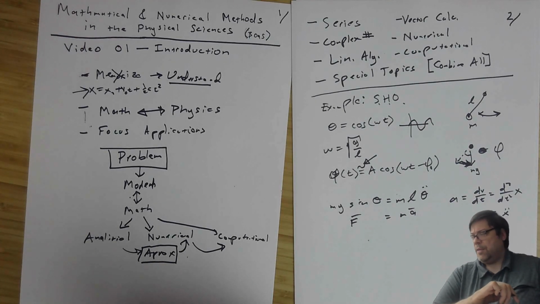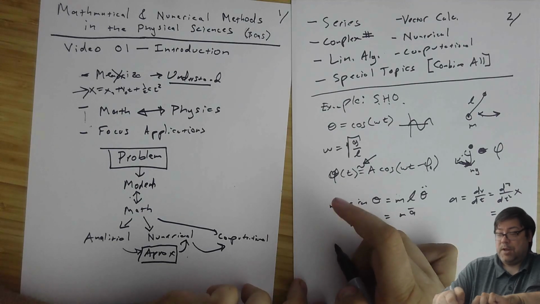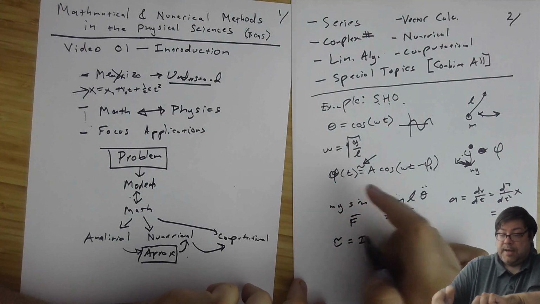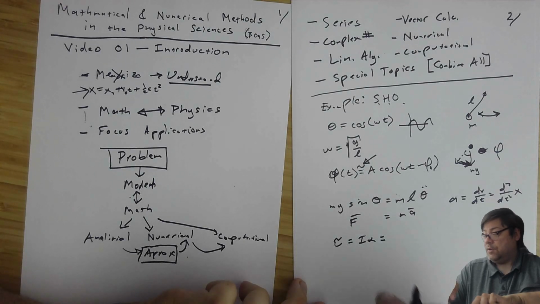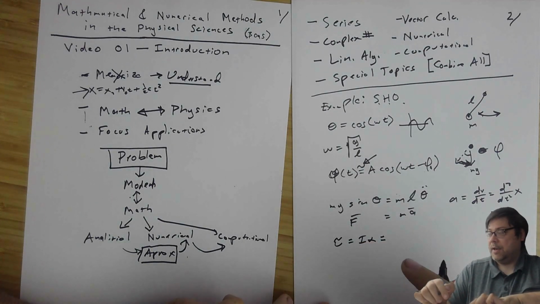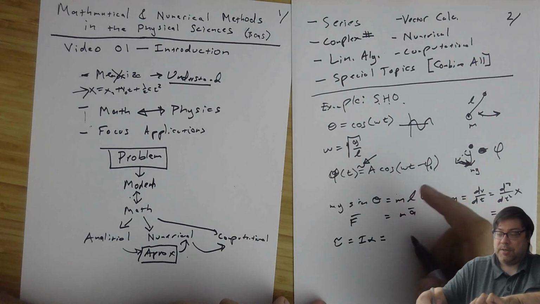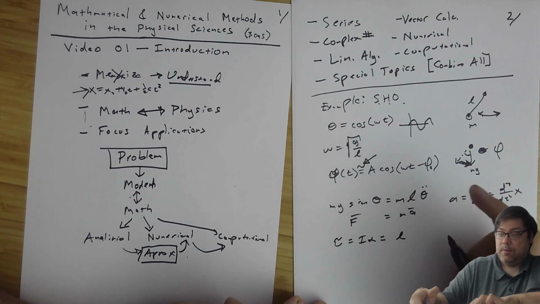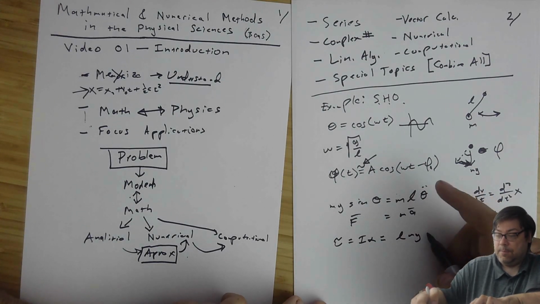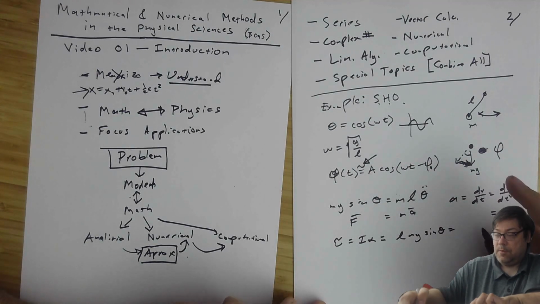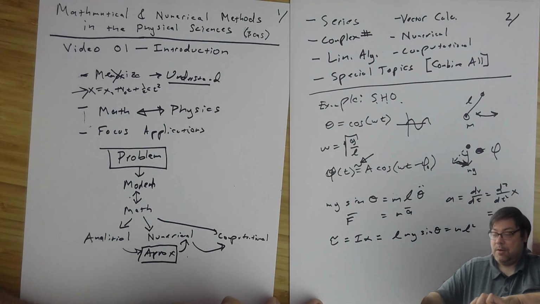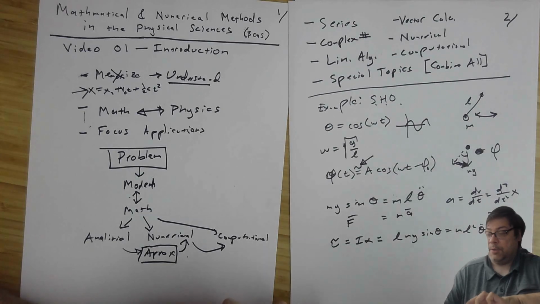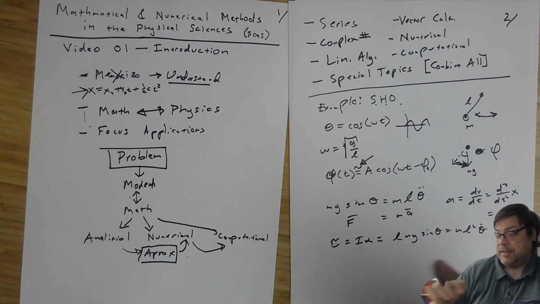Now you might also have learned torque. You could write torque equals I alpha, and torque equals R cross F. So on this side it's just going to be L mg sine theta equals m L squared, since the moment of inertia is m L squared, times theta double dot, because alpha is basically theta double dot.